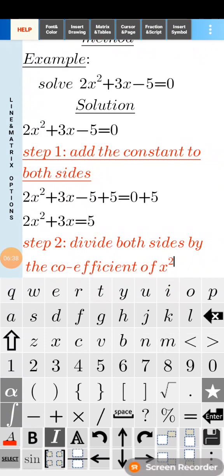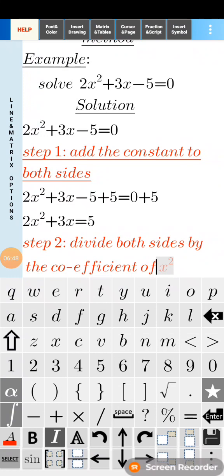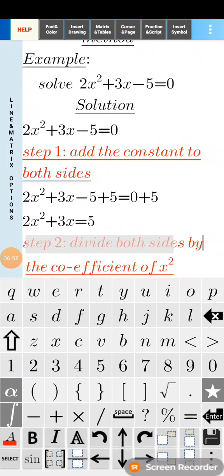So let me underline this work now. First of all, I highlight, then underline, then same thing here also.